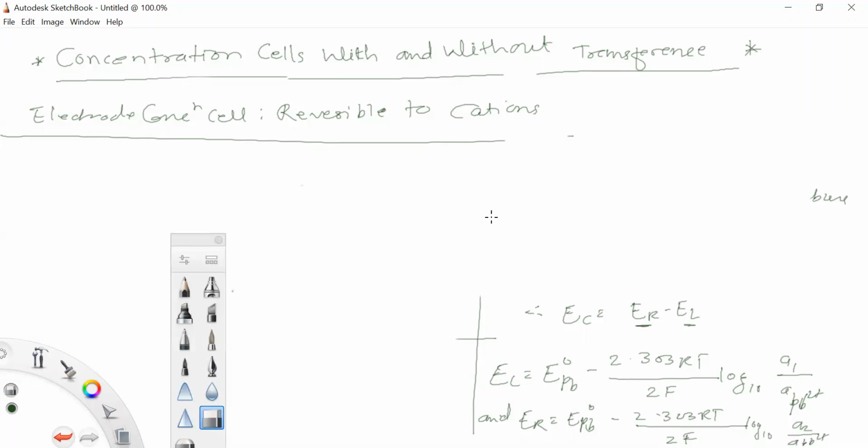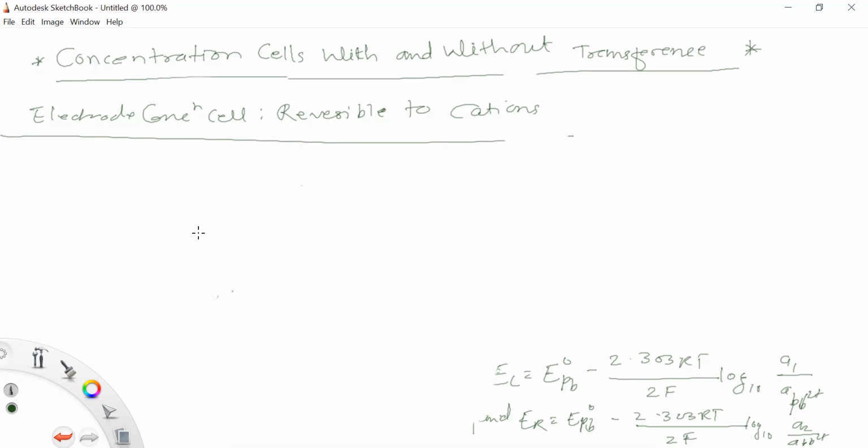या इक्वेशन्स मध्ये आपण तो काय करतोय, पुट अप करूया, then find out the equations of the total cell, that is the EMF of the total cell. So now EC is equals to, आता त्याला आपण सेपरेट लिहूया पहिल्यांदा, राईट. E0Pb minus 2.303 RT upon 2F, the log of to the base 10 activity of A2 upon activity of Pb2 plus, right?